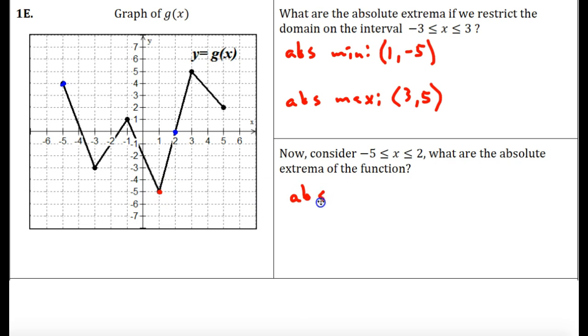So my absolute min occurs at (1, -5). My absolute max then looks like it'll be here at this endpoint. Right? That's the highest y value I would reach on this interval. So at (-5, 4).